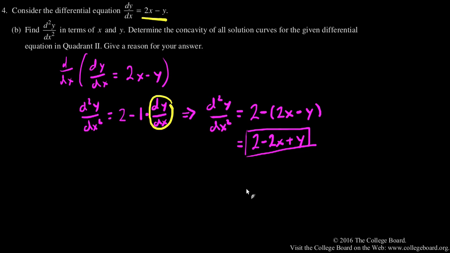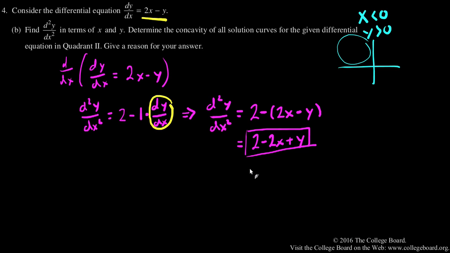All right, next thing, we want to find out about the concavity for everything in quadrant 2. Quadrant 2, we know is right here. And we know that in quadrant 2, all x values are negative, all y values are positive.